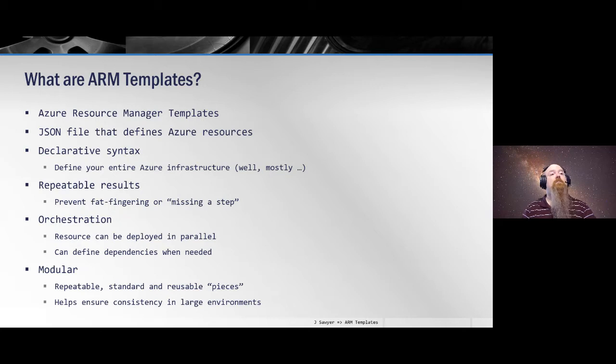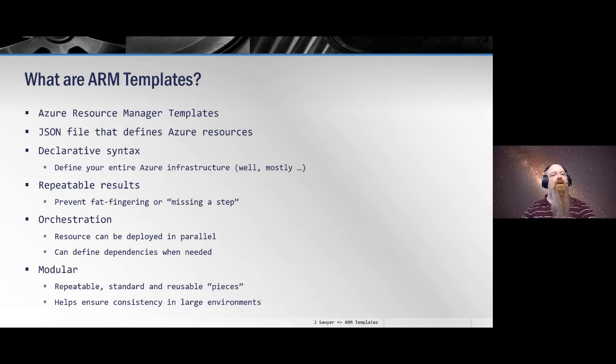And they're also modular. They are repeatable, standardized, reusable pieces. In fact, at the client where we currently are, we have an entire library of ARM templates. When we want to deploy an Azure function, this is the ARM template that we use. So every Azure function within the environment looks identical. We don't have to worry whether somebody turned on always on and ran up the bill, right?